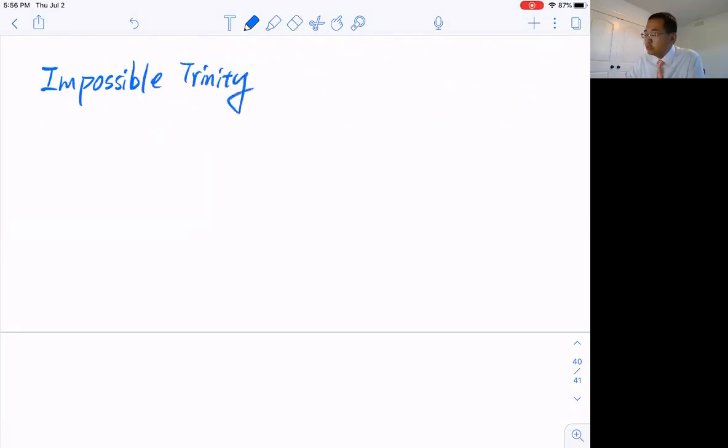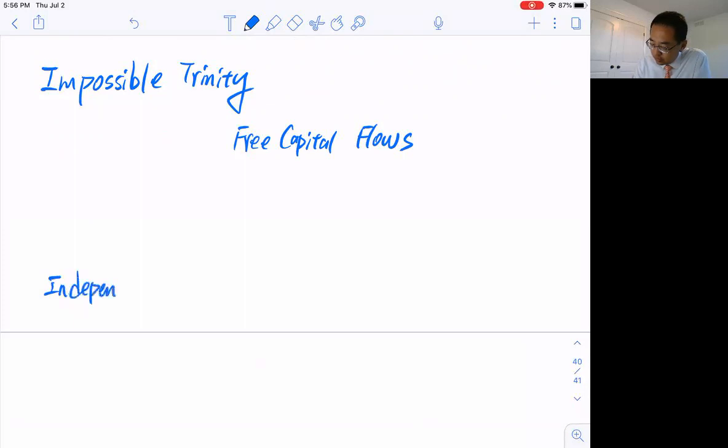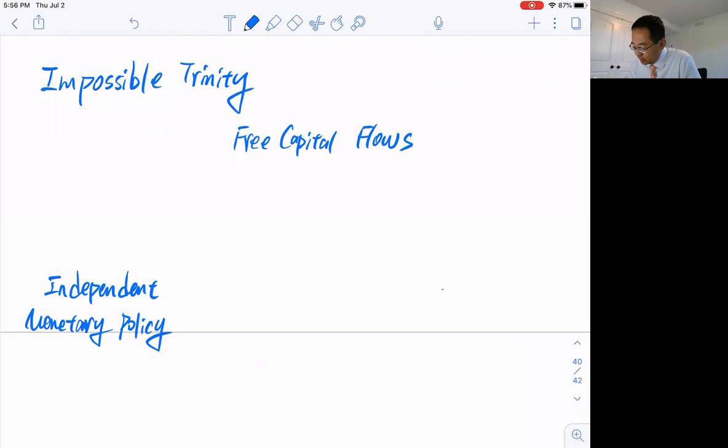The impossible trinity refers to the fact that countries cannot have free capital flows, with independent monetary policy, and fixed exchange rate.